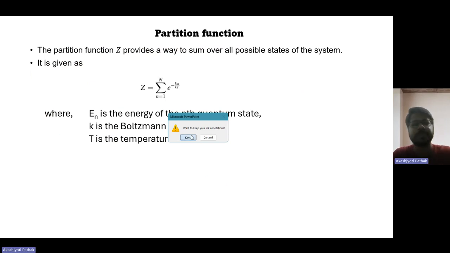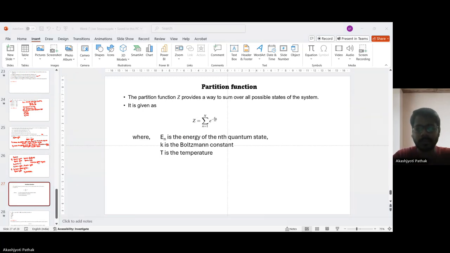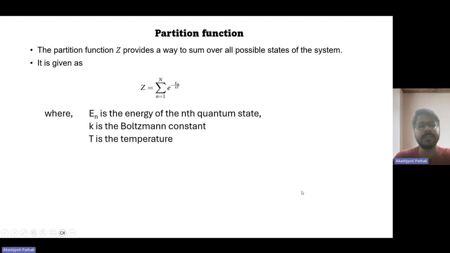Now, we were discussing the concept of partition function. We had derived the equation for partition function.